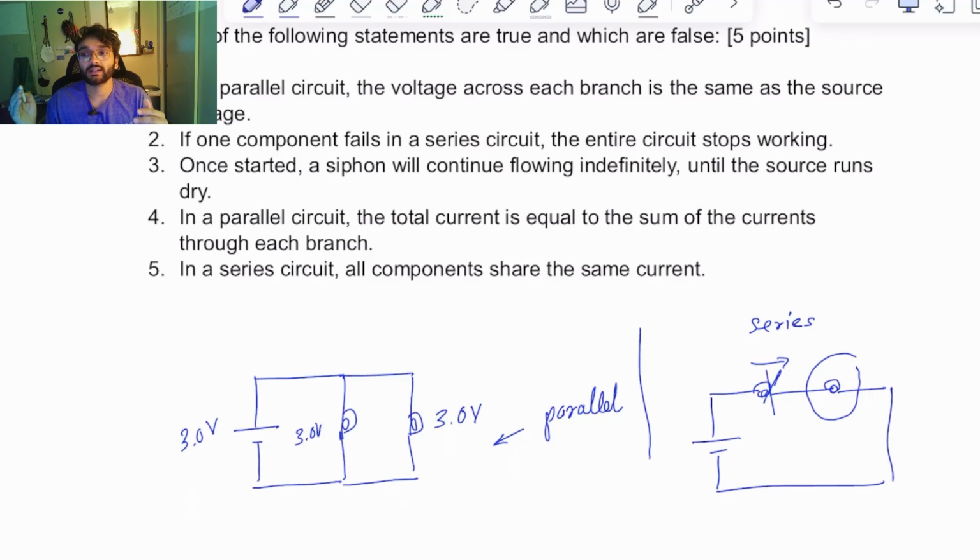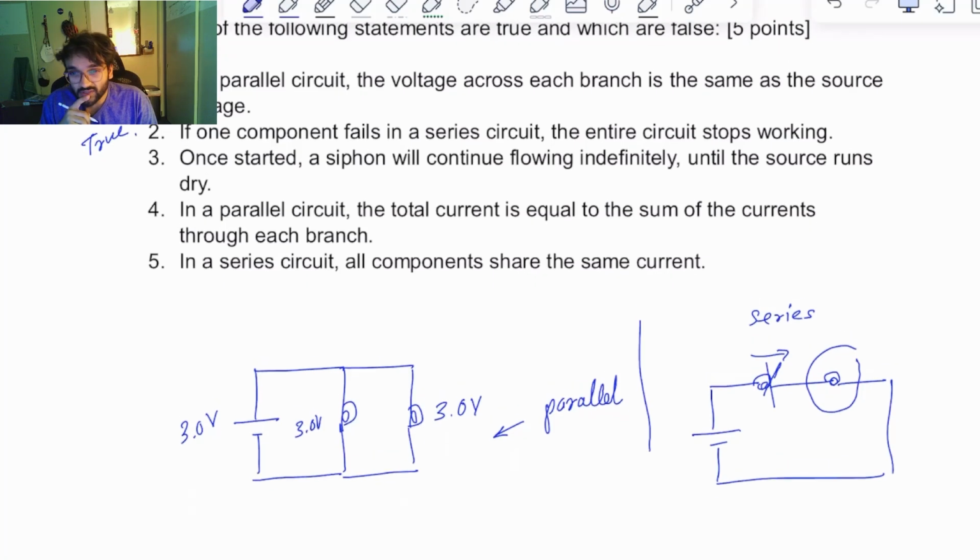If you understand that, a series circuit is not a very good choice when you're trying to do something like that, and why that is the case. So if you know this, then you will be able to answer this question. And this is discussed in activity packets, a couple of them, and also in class multiple times. So it is true that if one component fails in a circuit, the entire circuit stops working.